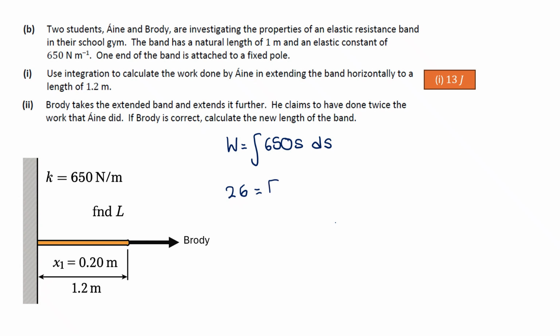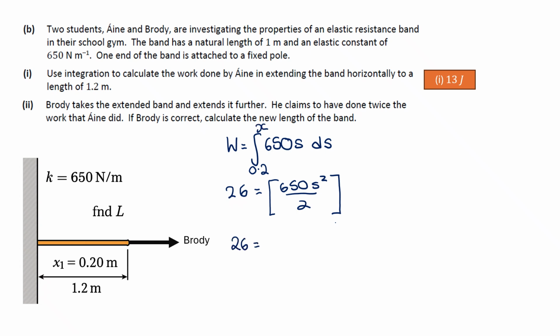And when we do our integration here, that's going to be 650 s squared all over 2. Now, in terms of our limits, that's going to have started at 0.2. And that's really important because he started at 0.2 and he goes to some limit that we don't know.